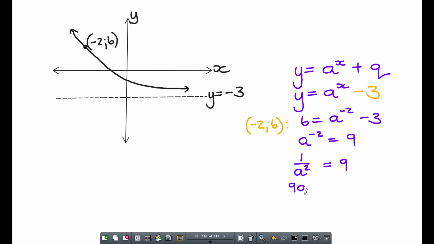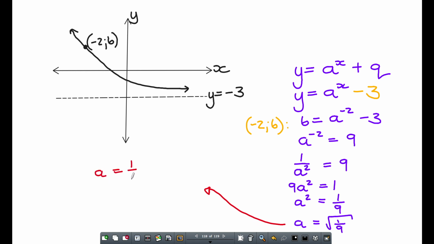So 9a to the power of 2 is equal to 1, so a squared is 1 over 9. Then a will be the square root of 1 over 9. So a is then a third.